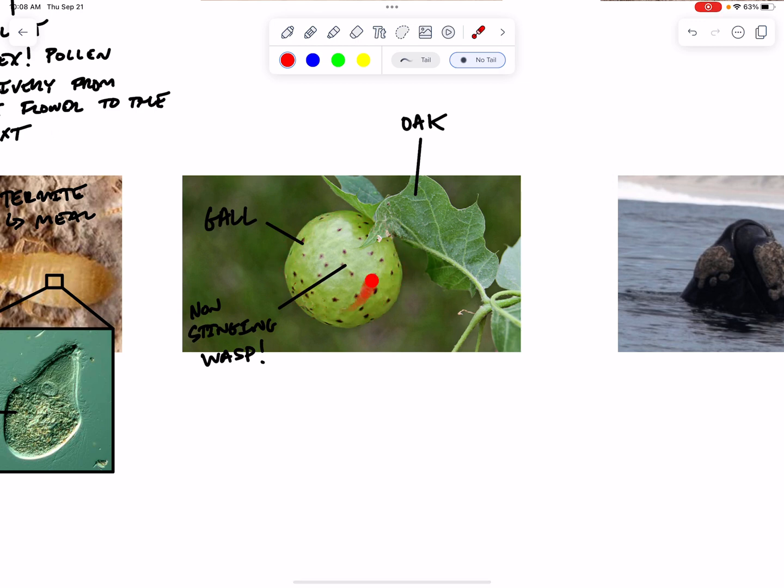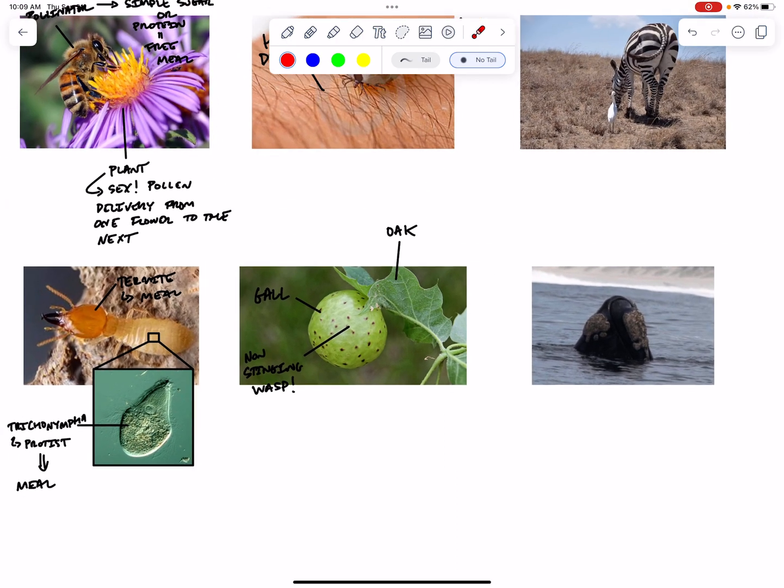So this gall tissue is actually composed of the oak, and the non-stinging wasp is inside, maturing. It's a negative interaction for the oak because it's using its resources to build this home, this structure for the non-stinging wasp to mature inside of. But it's a positive interaction for the wasp because now it has a place to grow up.